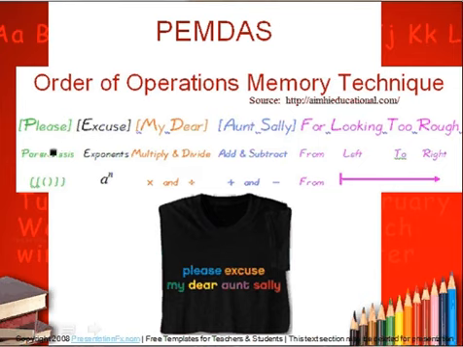She gave you the please, she gave you the parentheses and grouping symbols, and then she actually wrote the symbol. You know, excuse, exponent, here's the symbol. And then she also added something that I thought was rather interesting. She says, from left to right. So please excuse my dear Aunt Sally for looking too rough. And this from left to right is very important because we're going to be talking about that in fact, on the next slide.